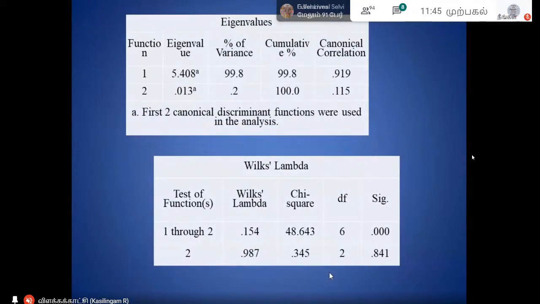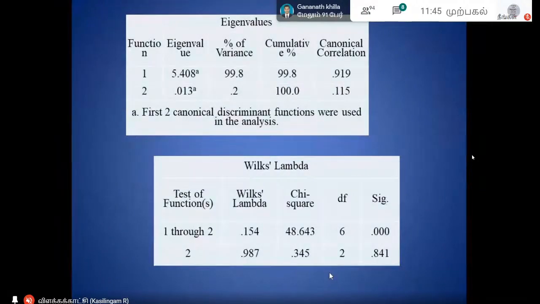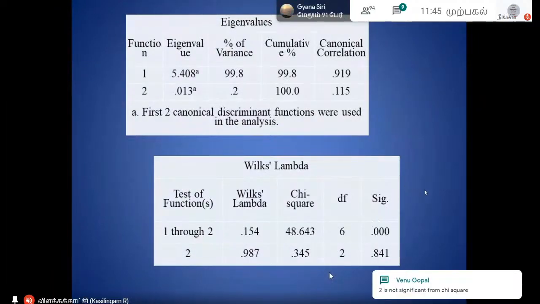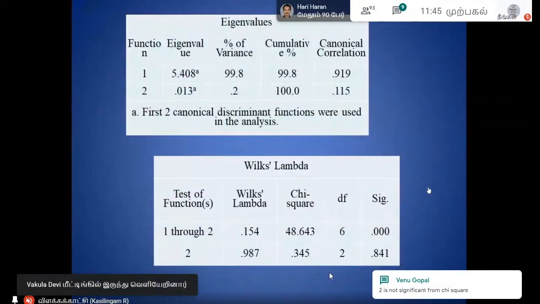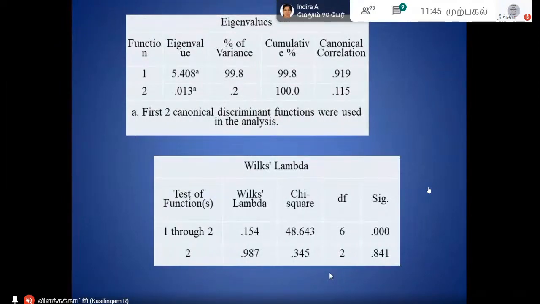Now look at the significant value for 1, 0.00, which is less than 0.05, which means function 1 is significant. If you look at function 2, 0.841, which is more than 0.05, which means function 2 is not. Sir, why is it given like 1 through 2?